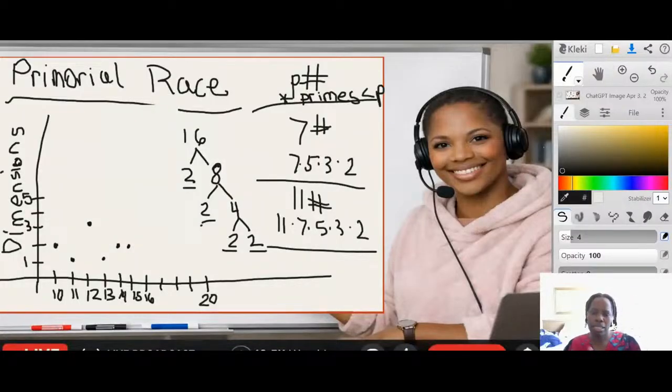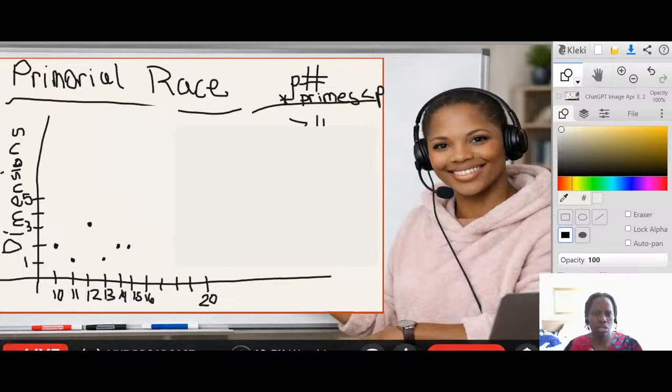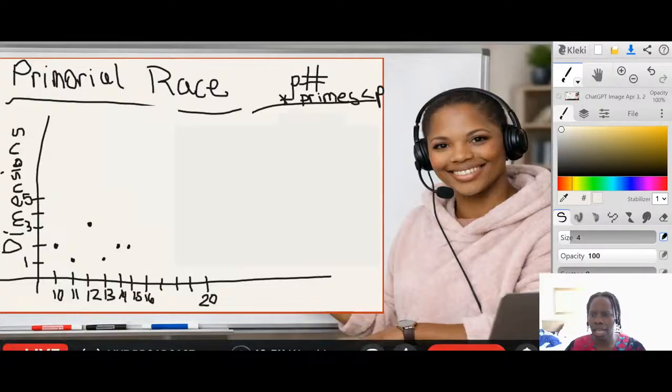So that being said, we're going to go on over. I'm going to erase this right here, and then we're going to put 16. Let me just erase all of that. We'll go back to our brush and black.